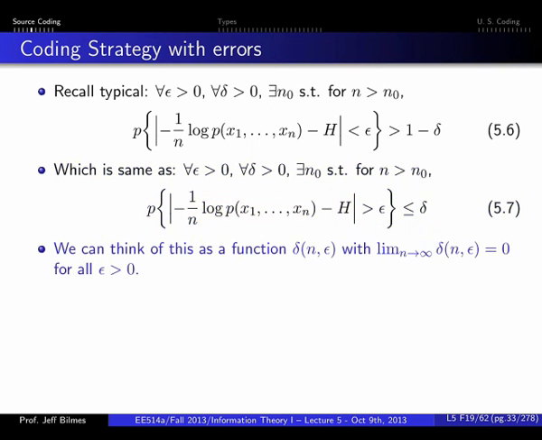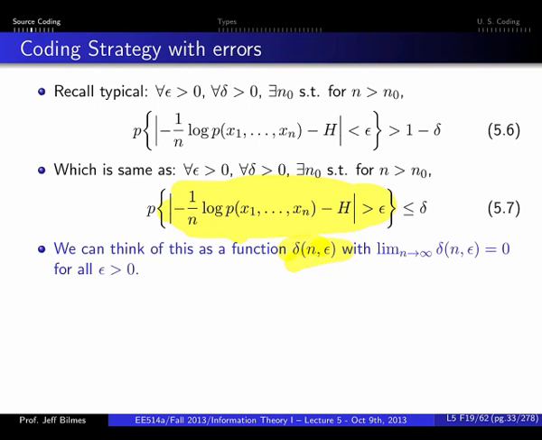We can think of this as, in some sense, the error. This event here in yellow is an atypical event. When that occurs, an atypical sequence occurs, and that probability is less than or equal to delta. And so we can think of this as a function of delta for n and epsilon.